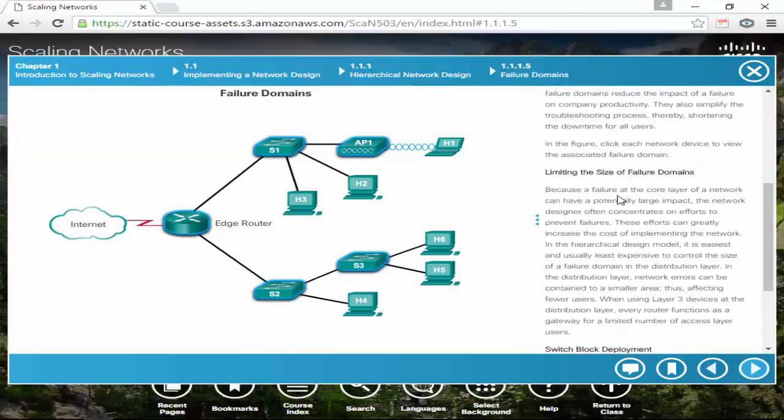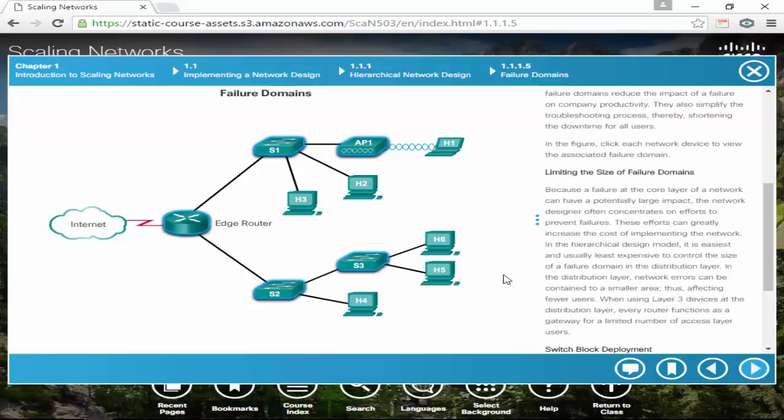Limiting the size of failure domains. Because a failure at the core layer of a network can have potentially large impact, the network designer often concentrates on an effort to prevent failures. These efforts can greatly increase the cost of implementing the network, right? Redundancy costs money.